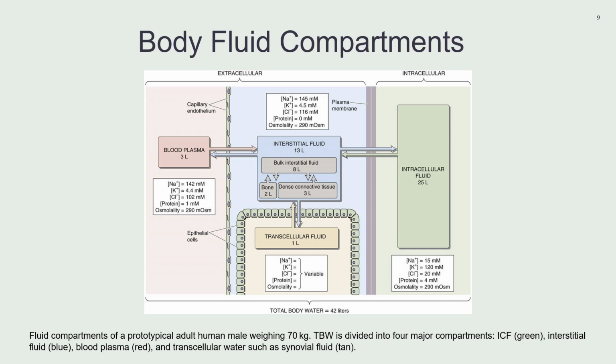Notice that inside the blood, in the plasma, there is an important amount of protein. In the interstitial space, notice that the protein is, I don't like that 0. You can put 0.1 because there are proteins there. It's not 0. There are proteins, of course, but very little amount of proteins compared to the blood.